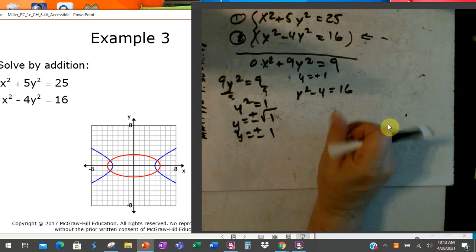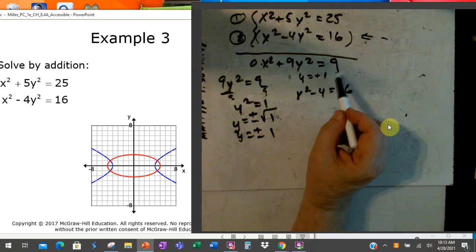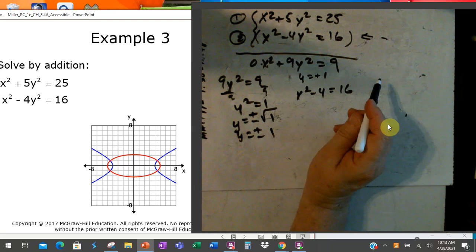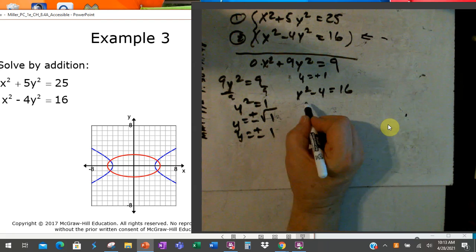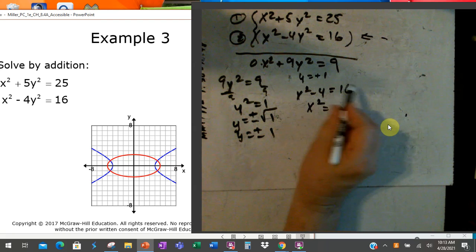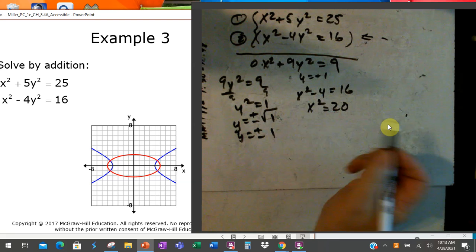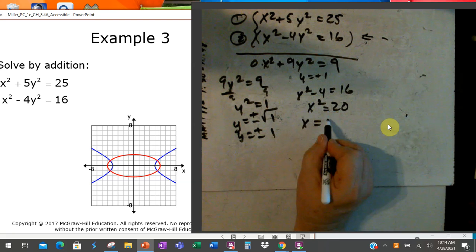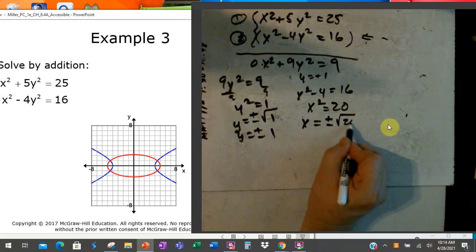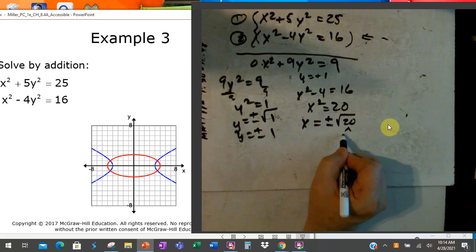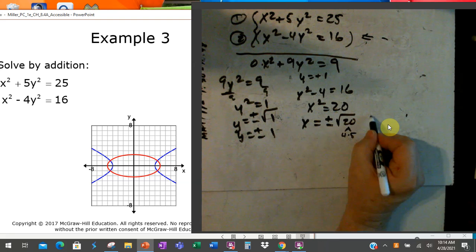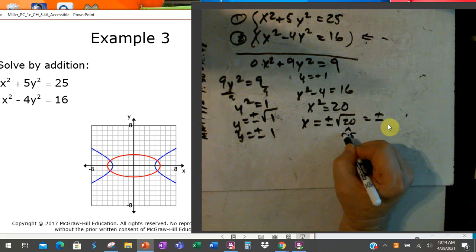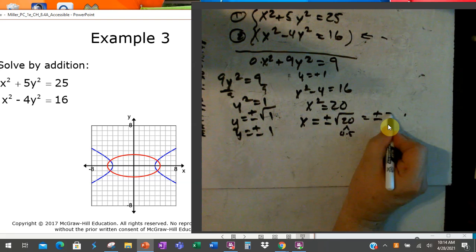What did I get? Make sure I got this right. X squared minus 4. Yep, this is going to be right. So x squared plus 4 is 20. And then x is going to be plus or minus the square root of 20. This is 4 times 5. So plus or minus, take the 4 out, is 2, the square root of 5.